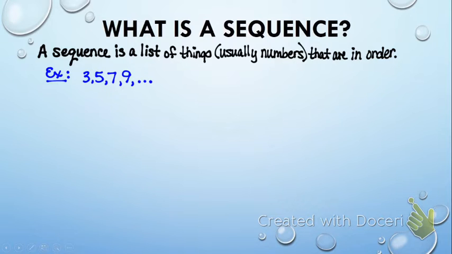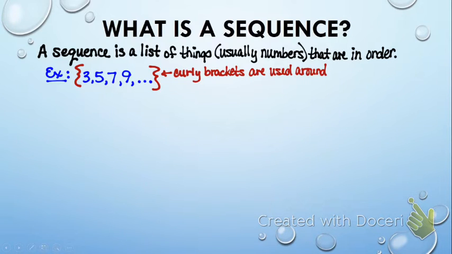That would be an example of a sequence. When you're looking at a sequence, you can usually tell it is a sequence because it has curly brackets around it. Curly brackets get used around sequences.